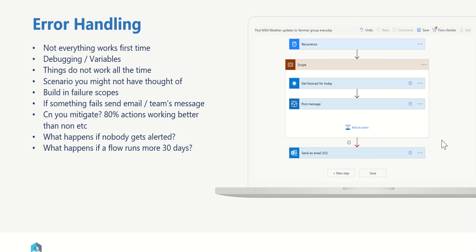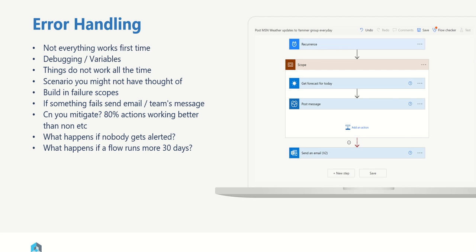So that email will only ever get sent if the scope has failed. So if something inside of that scope has failed, it will then contact me and say that there's been a failure. So this could be an email, it could be a Teams message.